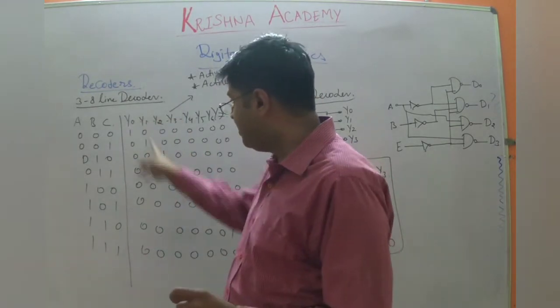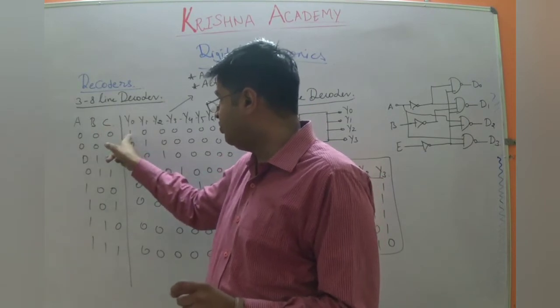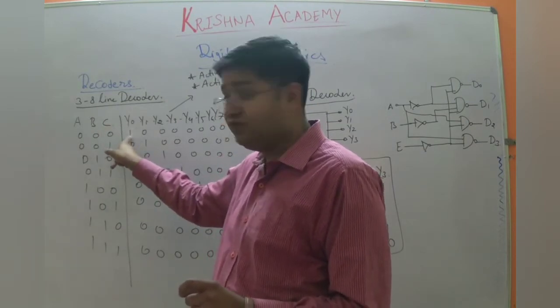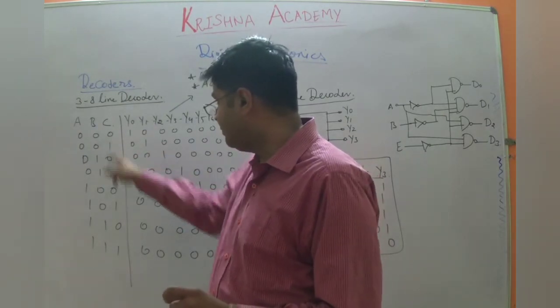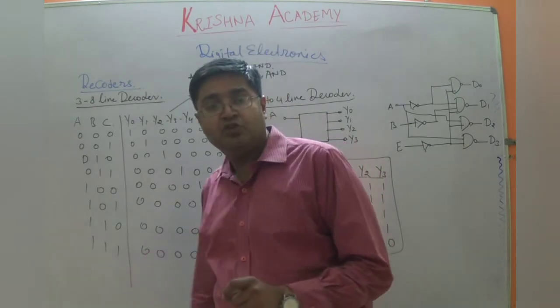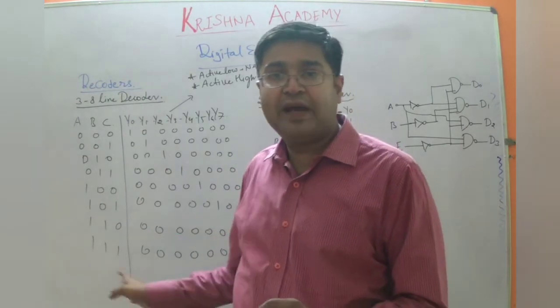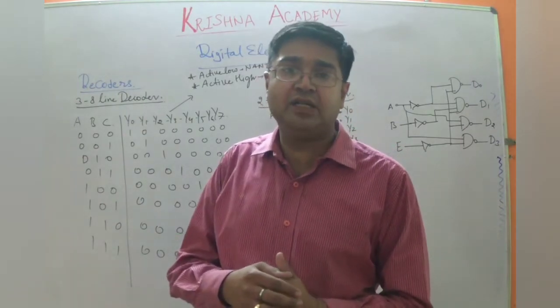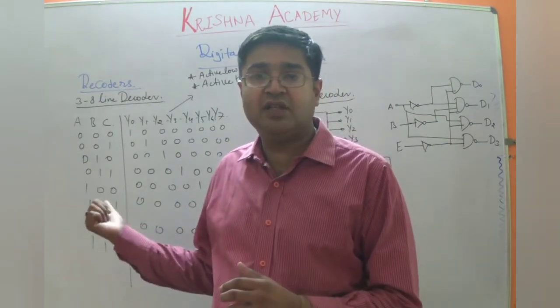Y0 is active high, and that is 1. Y0 is A bar, B bar, C bar, and Y7 is A, B, C. That is how you can implement a simple circuit.